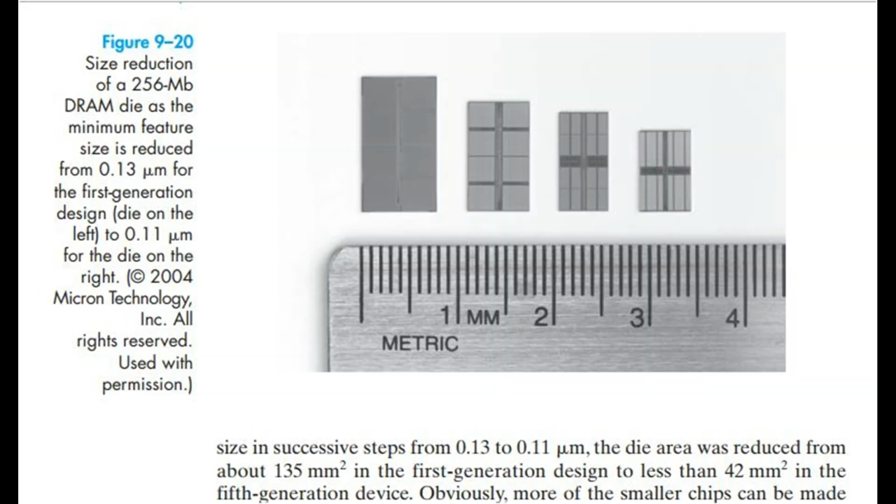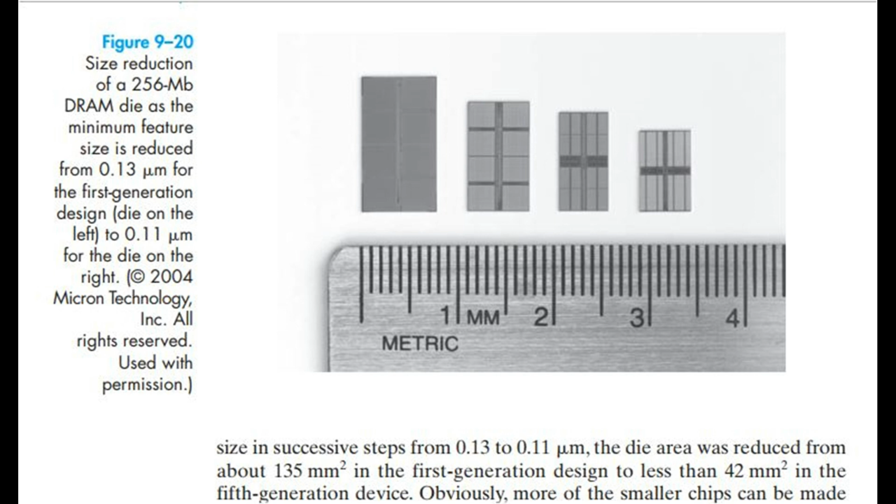The results of shrinking the elements in a 256 MB dynamic random access memory are shown in Fig 9.20. By reducing the minimum feature size in successive steps from 0.13 to 0.11 micrometers, the die area was reduced from about 135 square millimeters in the first generation design to less than 42 square millimeters in the fifth generation device.